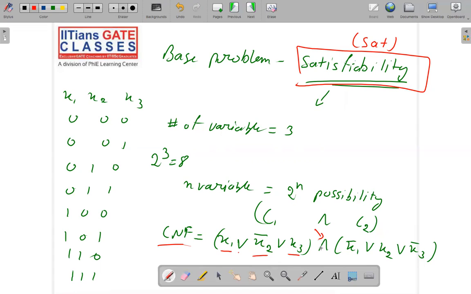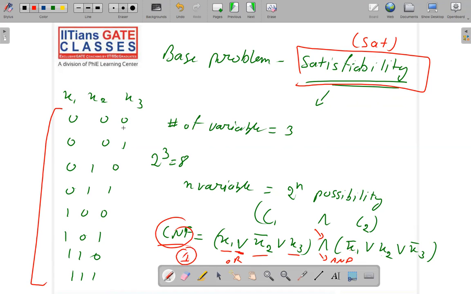You can consider this disjunction as an OR operation and the conjunction as an AND operation. Then you have x1 or x2 or x3, and x1 dash or x2 or x3 dash. Now you have to identify for which values of x1, x2, x3 this will be 1, or satisfied.